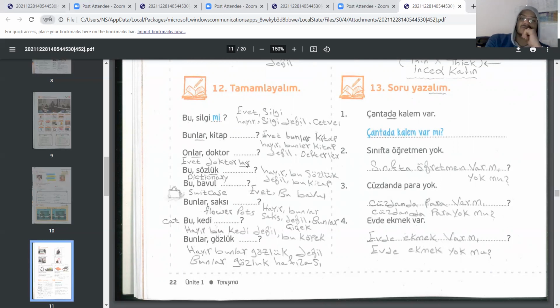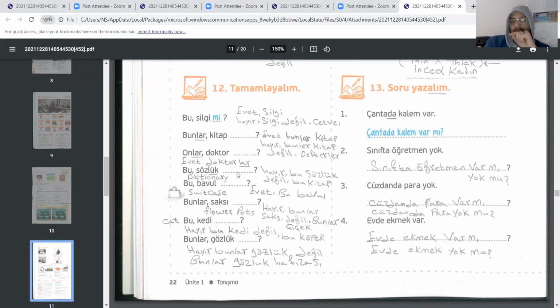Okay, here let us not forget to put the appropriate ending so we can ask. Bunlar kitap will be bunlar kitap mı? M and I. Onlar doktor mu? Will be M, U. Bu gözlük mü?